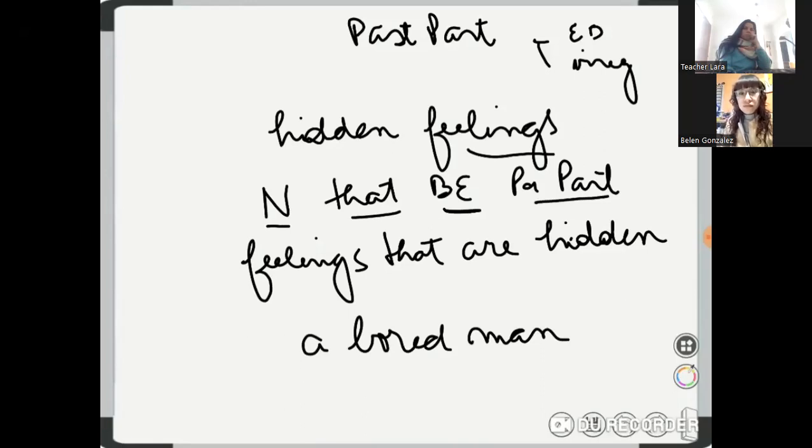And I have chosen this example for you to see the difference between boring in the previous example and bored now. If you use bored, it's because the man is bored. It's speaking about the feeling. It's speaking about how he feels. In the other case, it's a lesson that bores. No verb to be there. Right?